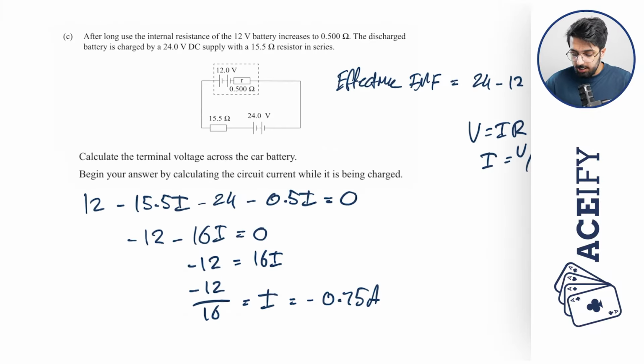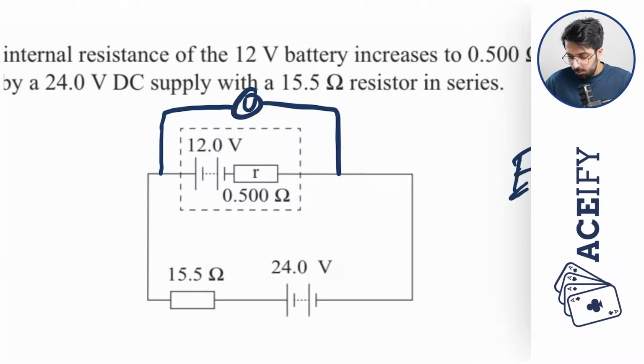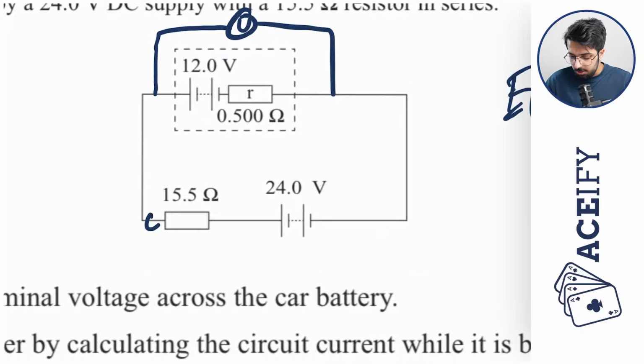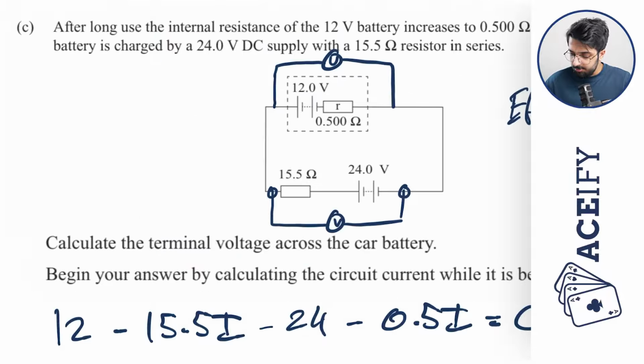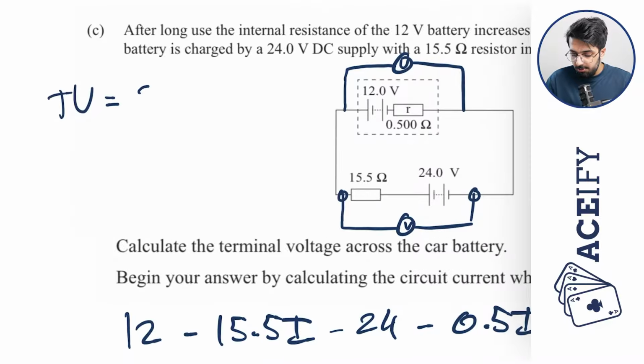Alright, so now we want to calculate the terminal voltage across the car battery. The terminal voltage across our car battery is going to be this voltage right over here, so it's going to be the voltage between these 2 points, which as we can see is the same voltage across these 2 points right here. And so this terminal voltage is going to be equal to our 24 volts minus the voltage drop across this resistor, so minus IR.